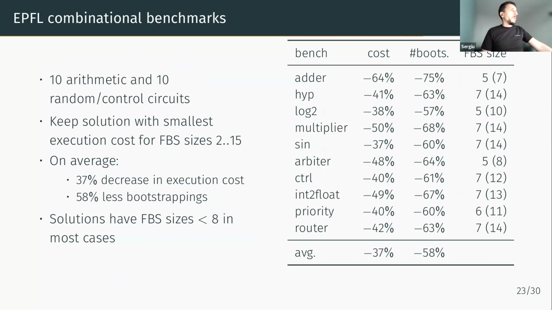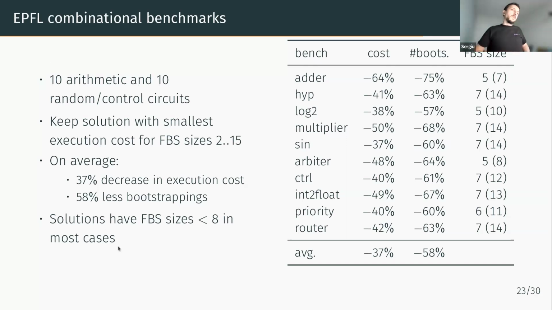We have also tested on the suite of combinational benchmarks from EPFL, with 10 arithmetic and 10 random control circuits. We keep the solution of the smallest execution cost for FB sizes from 2 to 15. On average, we obtained a 37% decrease in execution cost and almost 60% less bootstrapping count.